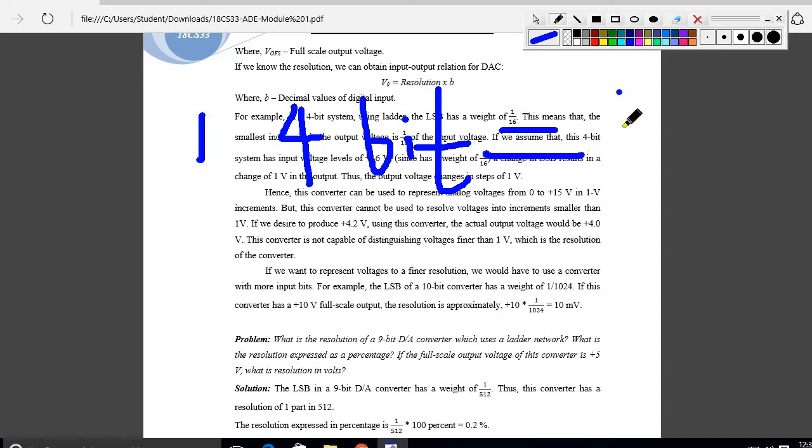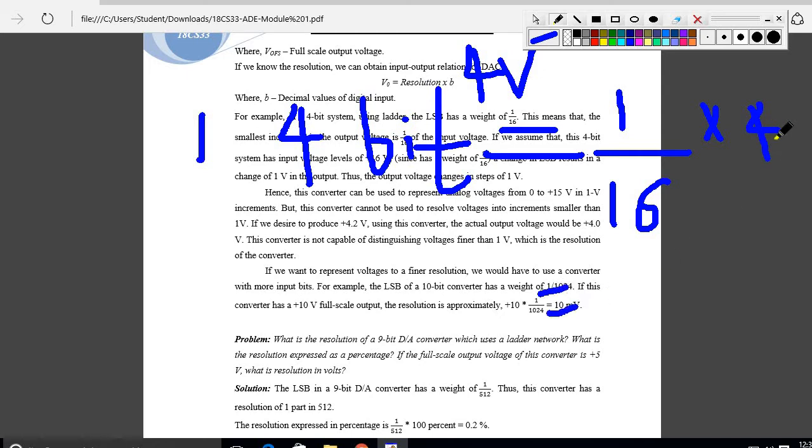A 4-bit system always has a weight of 1/16. For example, if it is a full scale voltage of 4, we multiply by that. This is one example I am showing. The answer is 4 ones are 4, so 1 volt. In this way you have to find it.